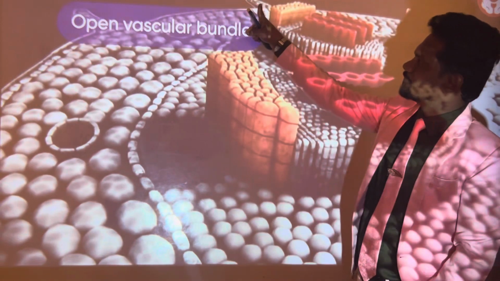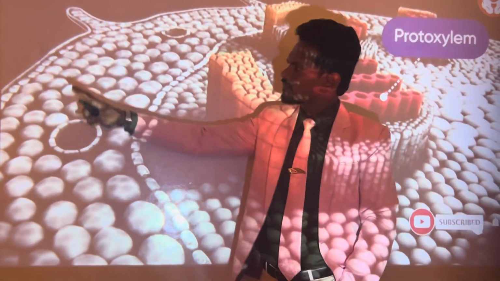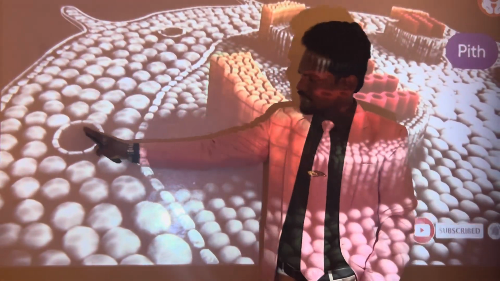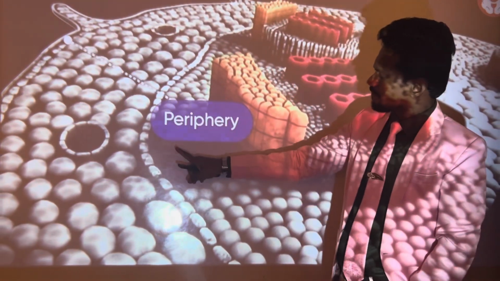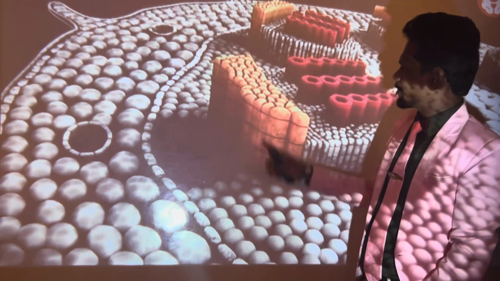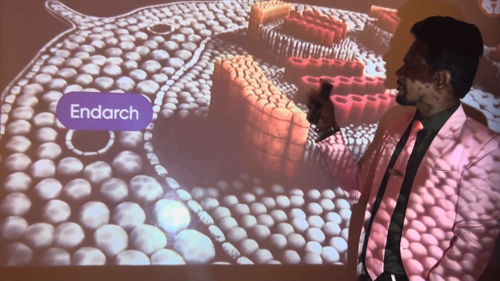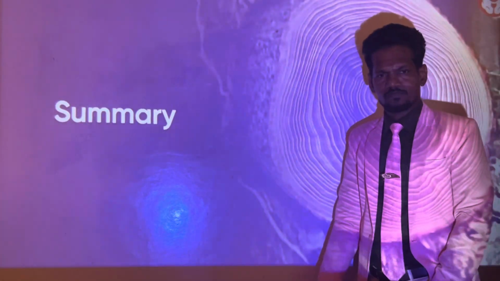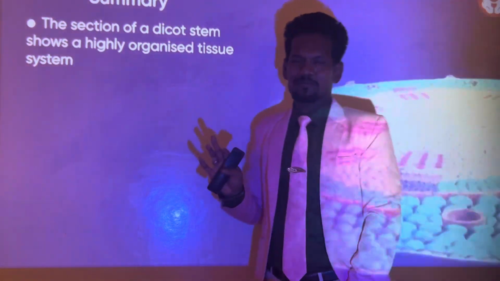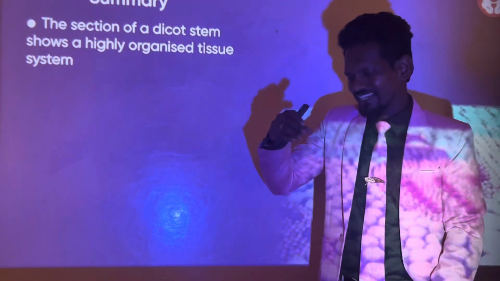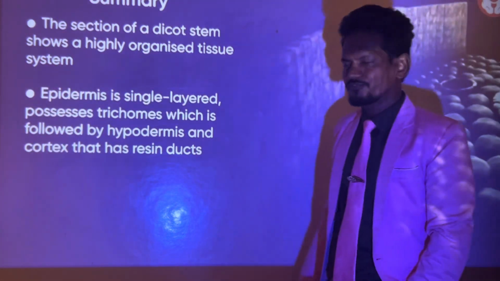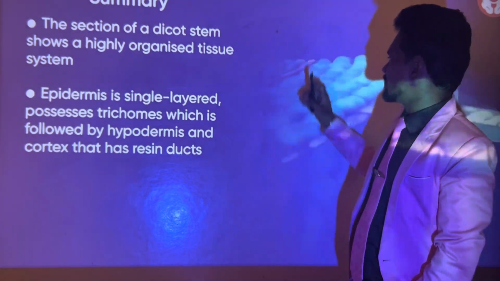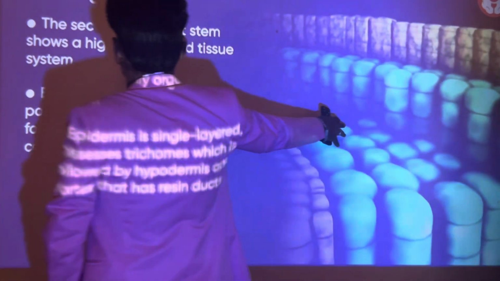So trichome, epidermis, exodermis, general cortex, resin canal, endodermis, pericycle, phloem, xylem, cambium. So pith or medulla is well developed, and medullary rays are arranged from the pith for the lateral conduction of food. So this is the summary you could observe here.